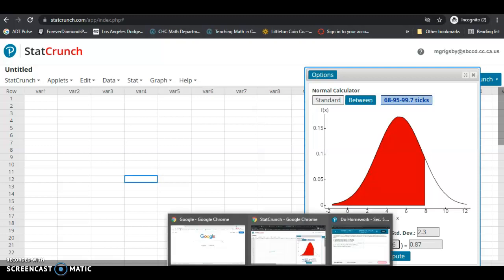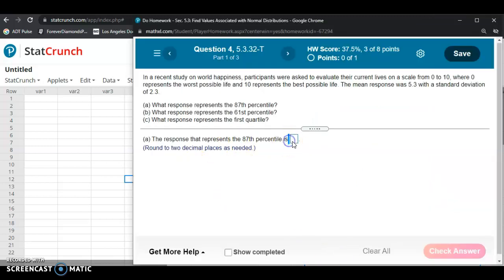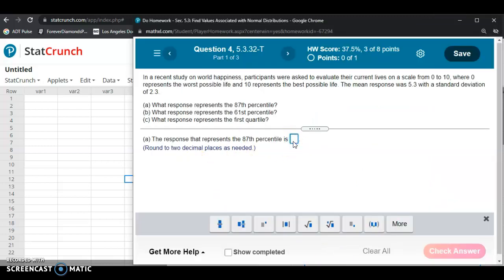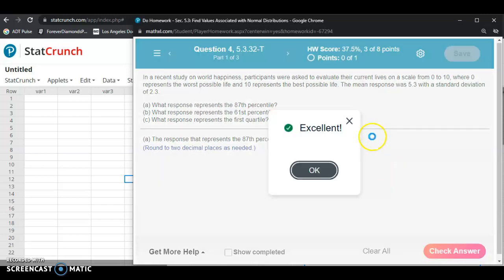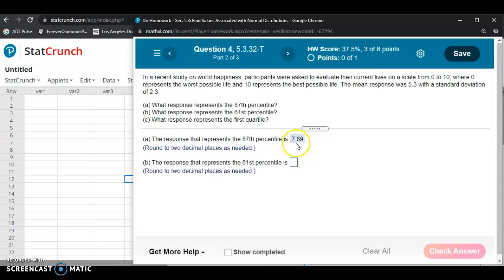So 7.89 is at the 87th percentile on the World Happiness survey. What that means is that about 87% of the respondents will respond with a 7.89 or less on the World Happiness scale.